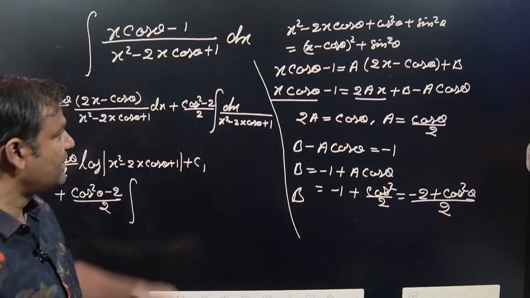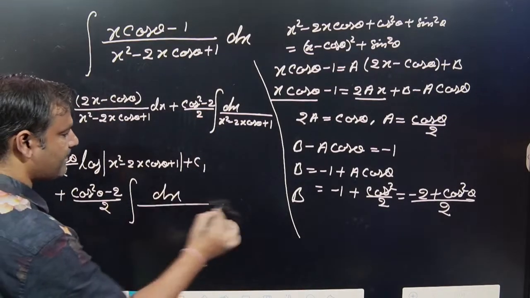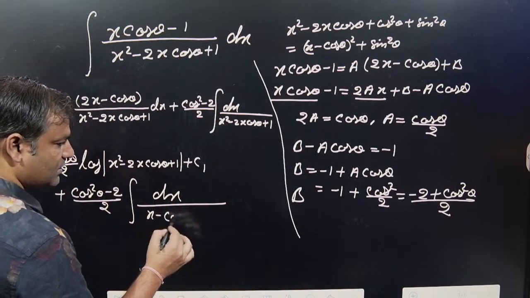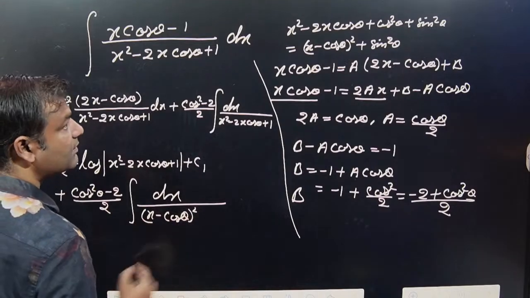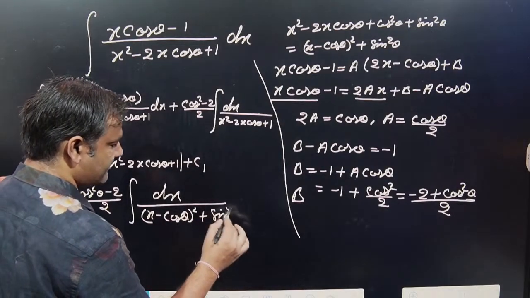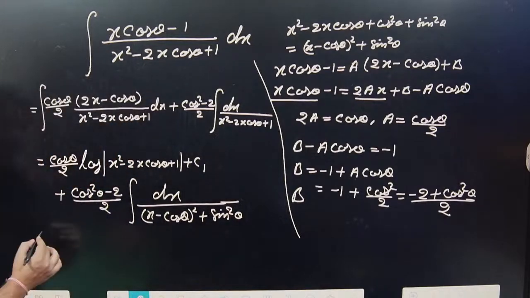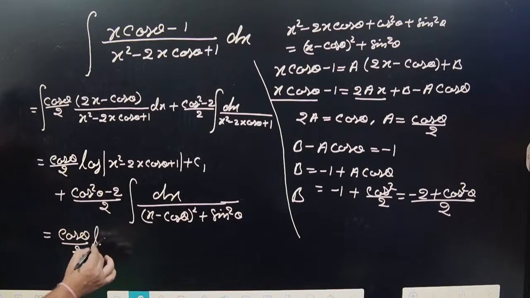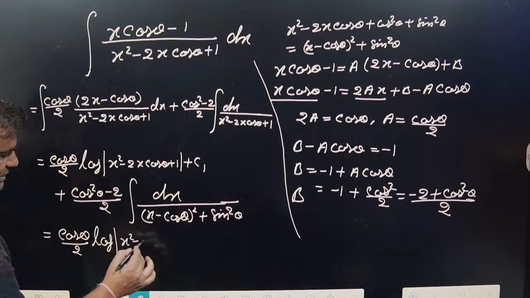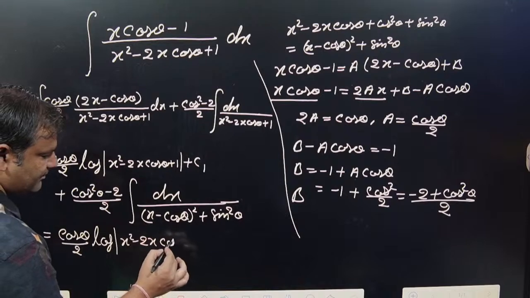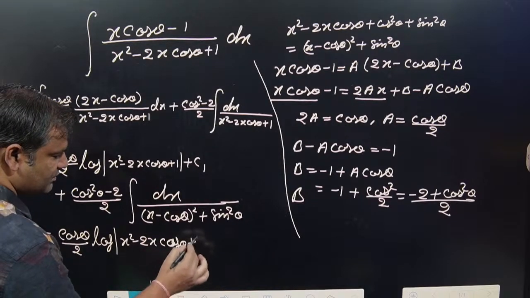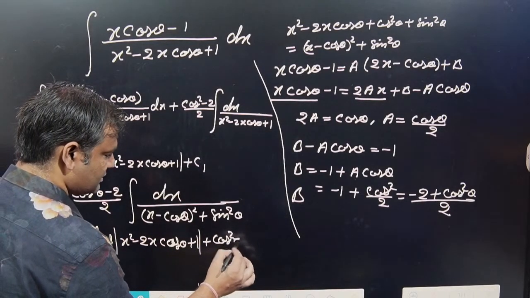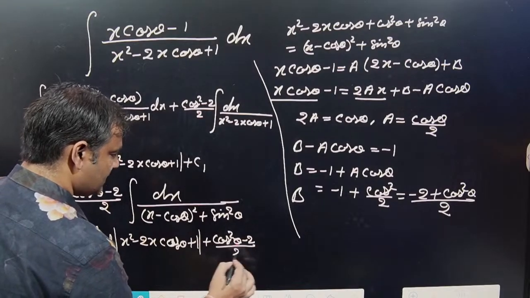So that is replaced by dx divided by x minus cos theta whole square plus sin square theta. Now what about that value? Cos theta by 2 into log of modulus of x square minus 2x cos theta plus 1, and cos theta square minus 2 divided by 2.